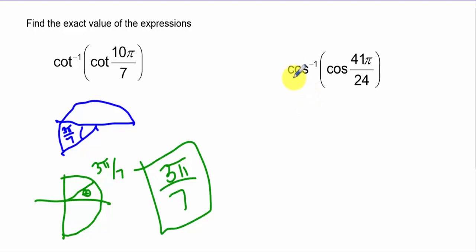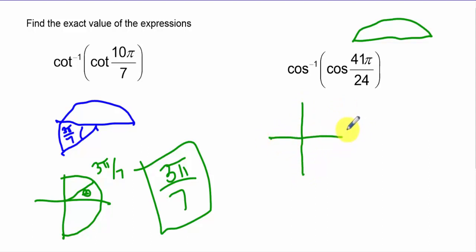So this next example talks about cosine values, in which case I'm going to set this up already. I can only answer a cosine value in the first or second quadrant between 0 and pi. The quadrant that this is in is somewhere under 2 pi, because I know this is 48 pi over 24. If I were to divide 48 up into fourths, that would be 12 a pop.